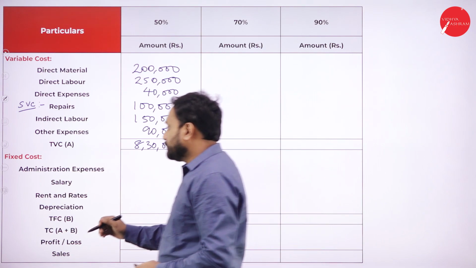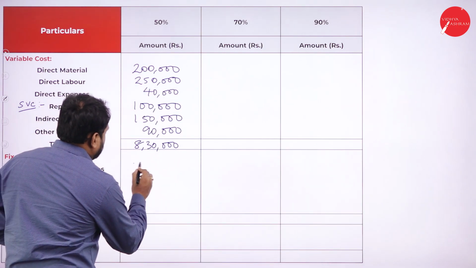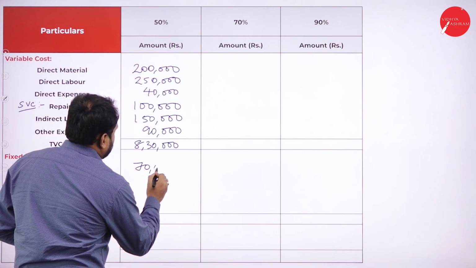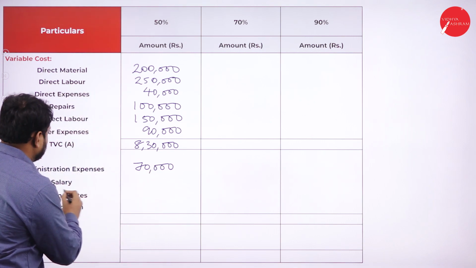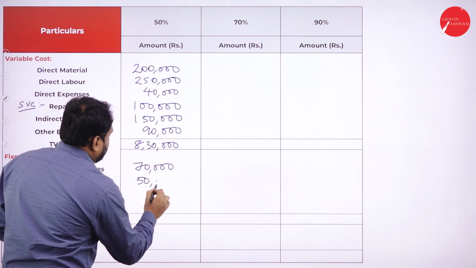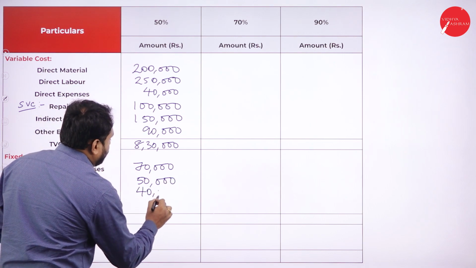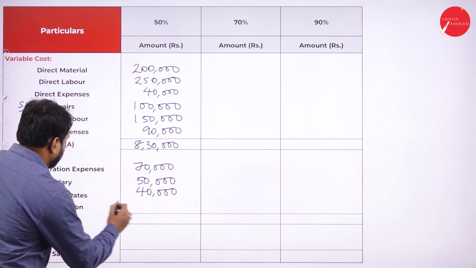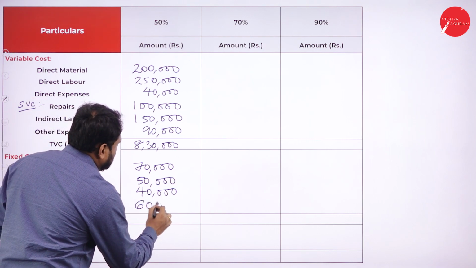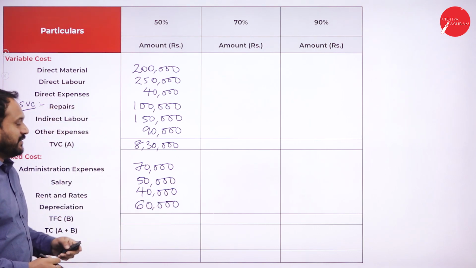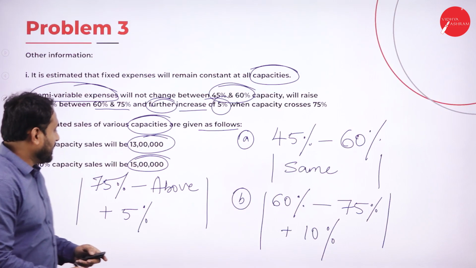So we'll write here 70,000. Then salary is 50,000. Rent is 40,000. And then depreciation is 60,000. 70, 50, 40 and 60.